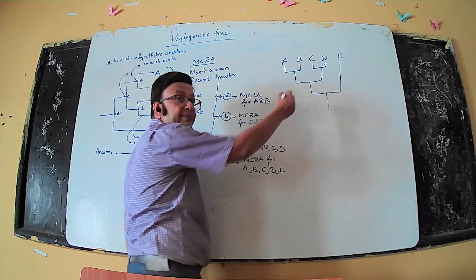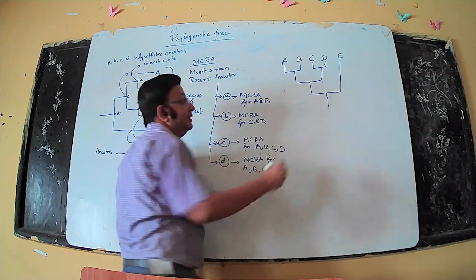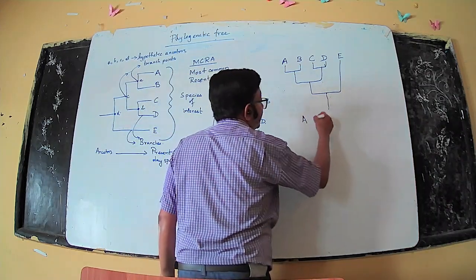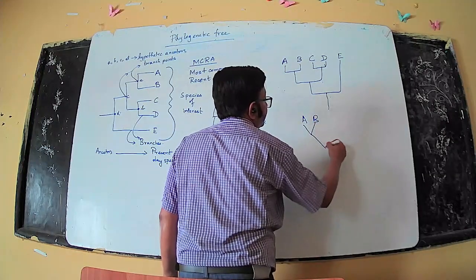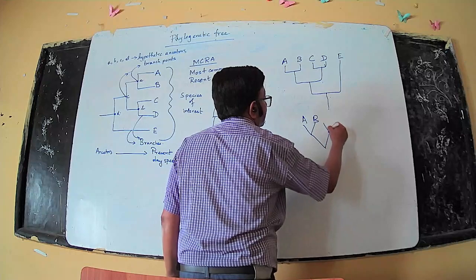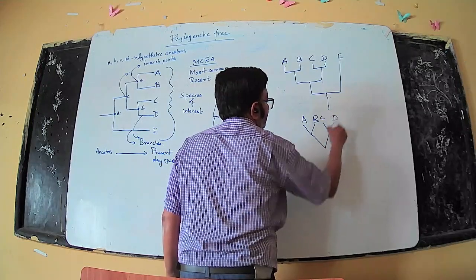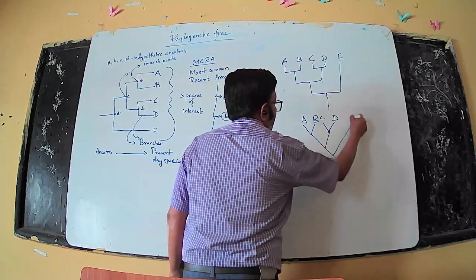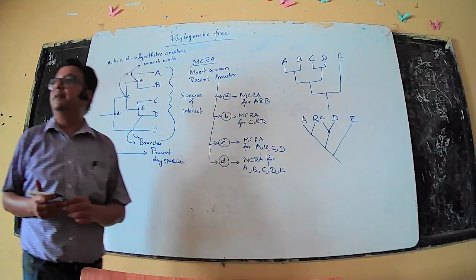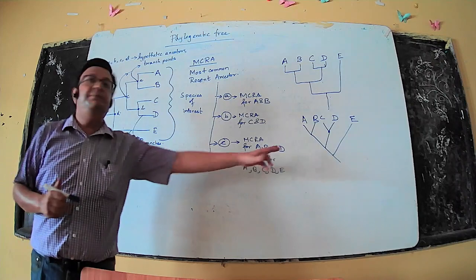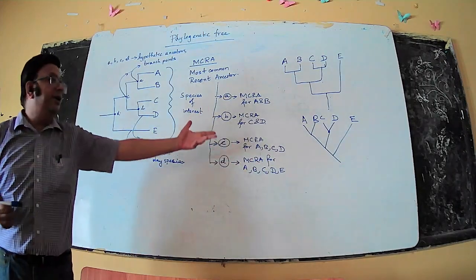The relationship status doesn't change, even if it is drawn like this. Is also the same thing. Relationship pattern doesn't change. It's the way you are drawing the tree.